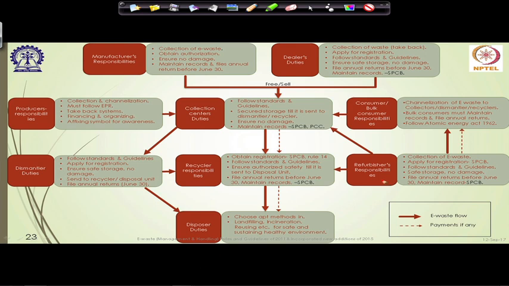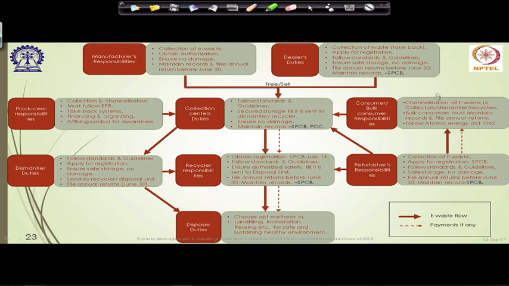Your refurbisher is linked with the collection center as well as the recycler. Finally, things come down from collection center to recyclers to disposer. The dark line shows how the e-waste flows into the system, and the dotted line shows how payments, if any, move around in the system.